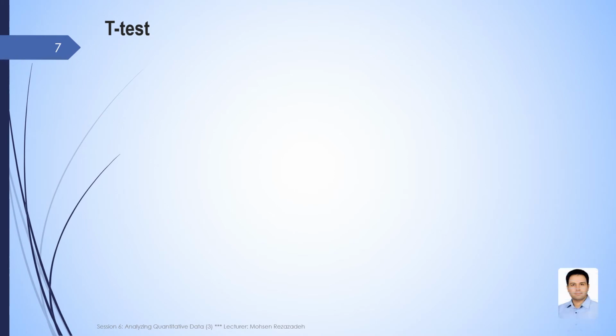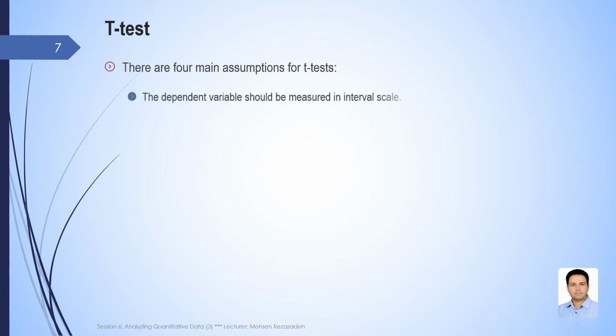The first test of group difference that we want to discuss is the t-test. In fact, there are 4 main assumptions for t-tests. First, the dependent variable should be measured on an interval scale. Second, the data should be independent.